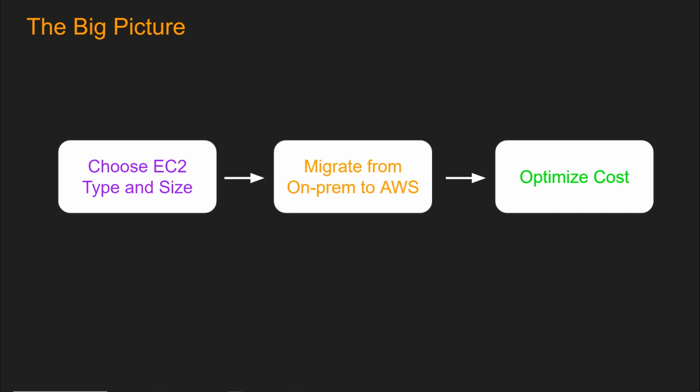How will you choose the EC2 instance type and size for those servers running on-prem? Secondly, how are you going to migrate all those servers from on-prem to AWS? And thirdly, and this is a super hot topic, how are you going to optimize the cost of all those EC2s?